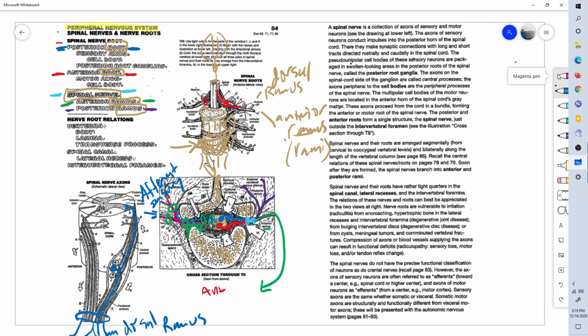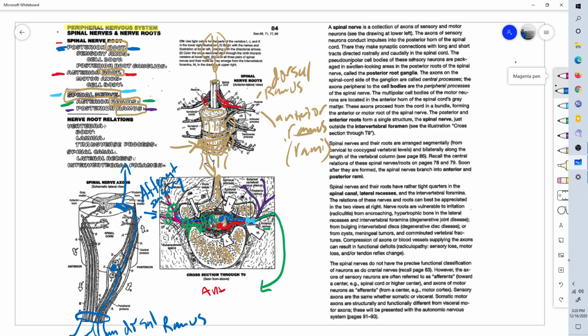It's a sensory signal. It's an afferent nerve, so it goes through to the dorsal horn, or the posterior horn, of the gray matter of the spinal cord in here. And of course, that signal goes up to the brain and says, ouch.